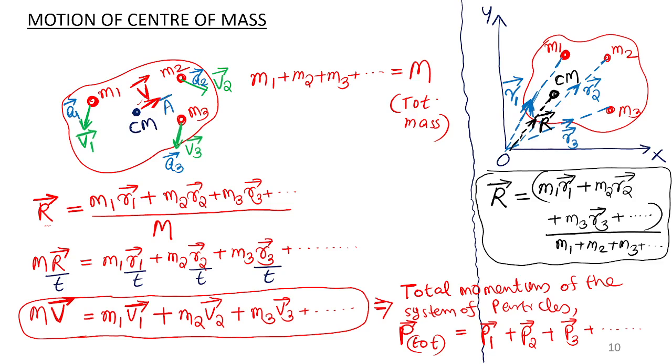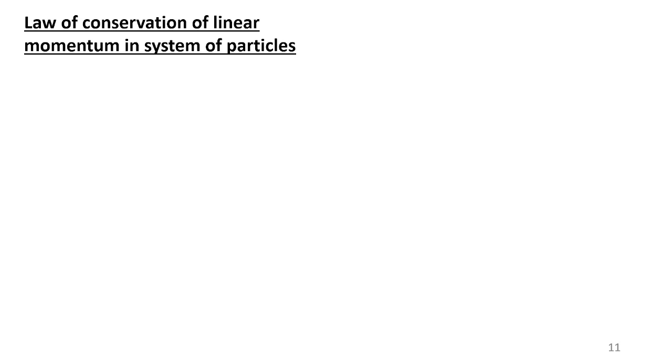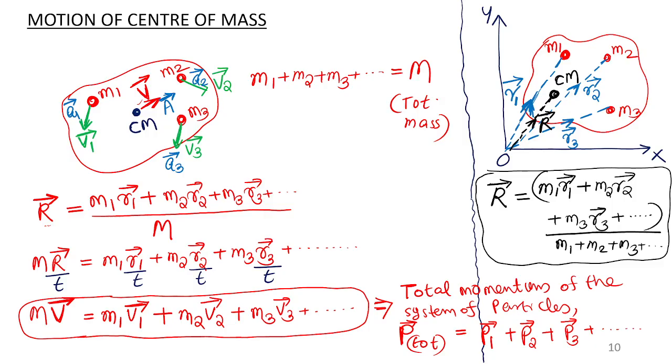Capital letter A vector is the acceleration of the center of mass. If the component masses are accelerating, the center of mass will also be accelerating with acceleration A. So that formula also has to be derived. Very simple.